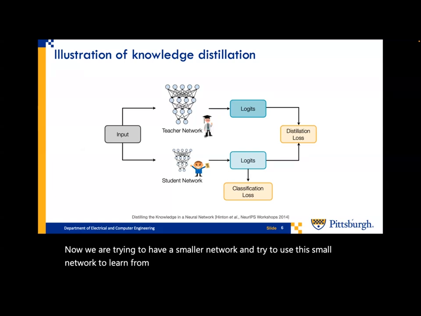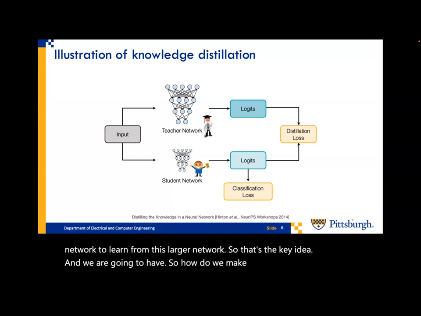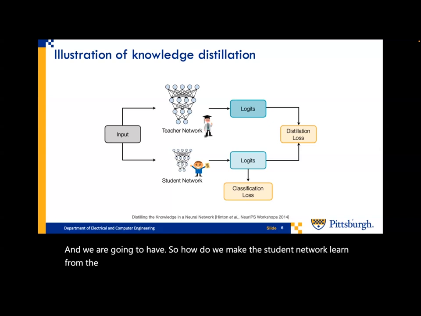That's the key idea. So how do we make the student network learn from the teacher network? We are going to have this distillation loss, and we will talk about it in detail.